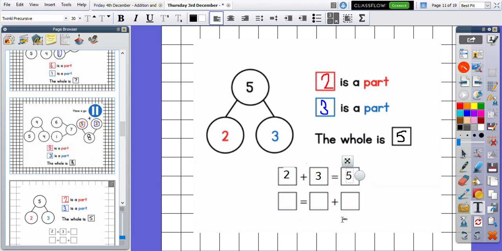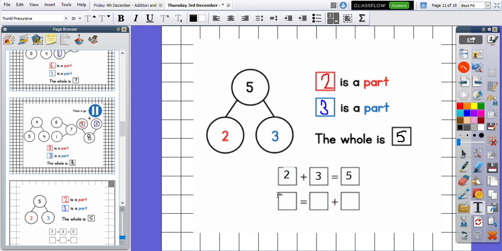Now, my next one is asking for it in a slightly different way because it's asking for the whole number first. It's asking you for the one that they both add up together to make, because if you have a look, these two numbers are going to be my parts because they're added together, and this number is going to be my whole because it equals what these two are put together.